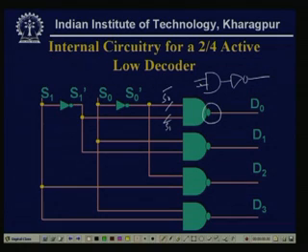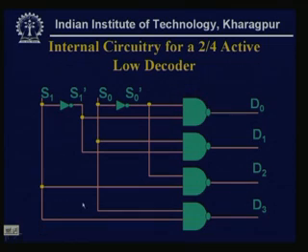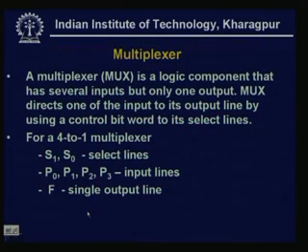So, this is the simple modification, with the simple change that a 2 to 4 active high decoder can be changed to an active low decoder. Now, the second element we see, the digital element, which is a multiplexer.